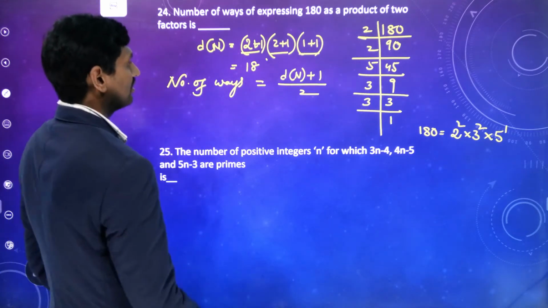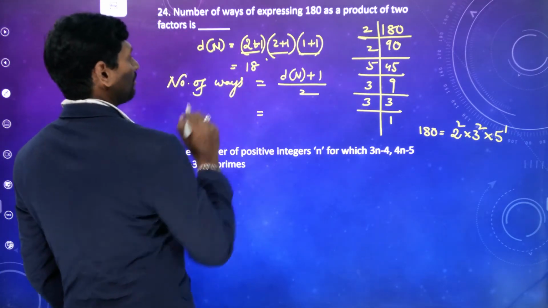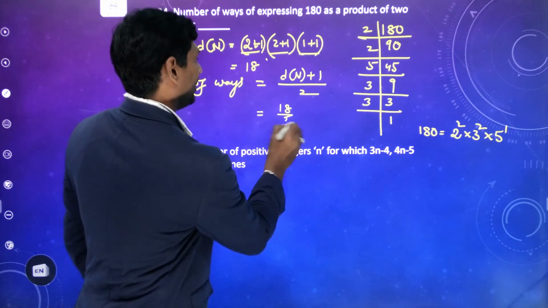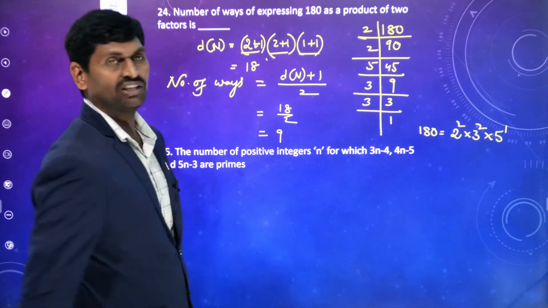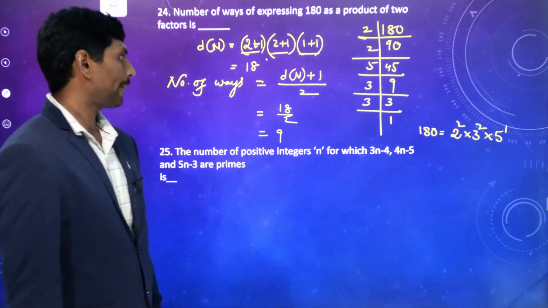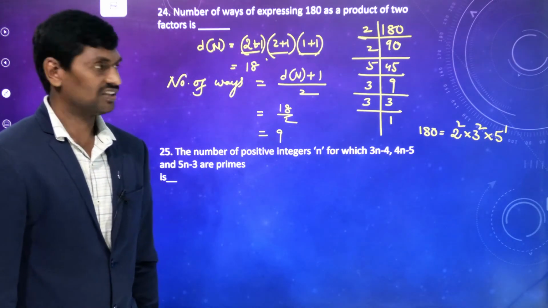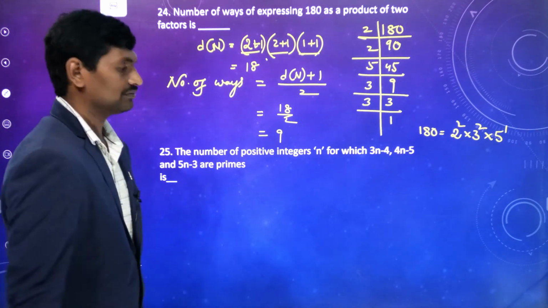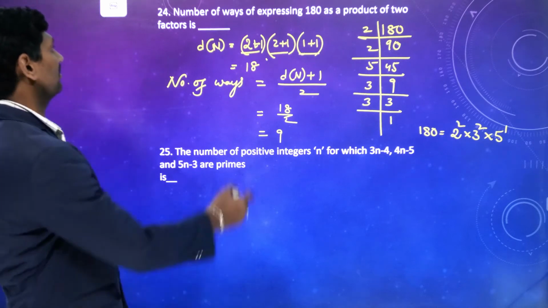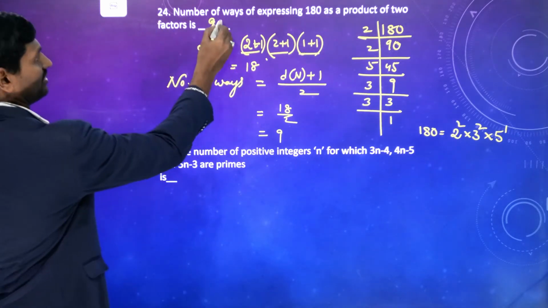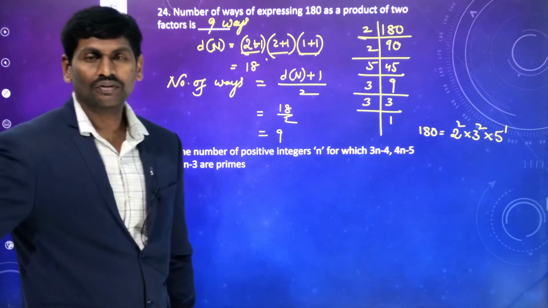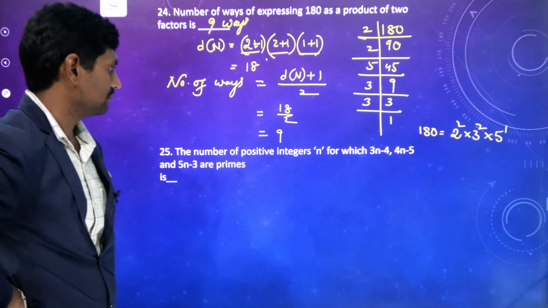Or when the number of factors is an even number, you can directly take 18 by 2, which is equal to 9. 9 different ways it will have. Okay, that's it. So our answer is 9 ways. Clear?